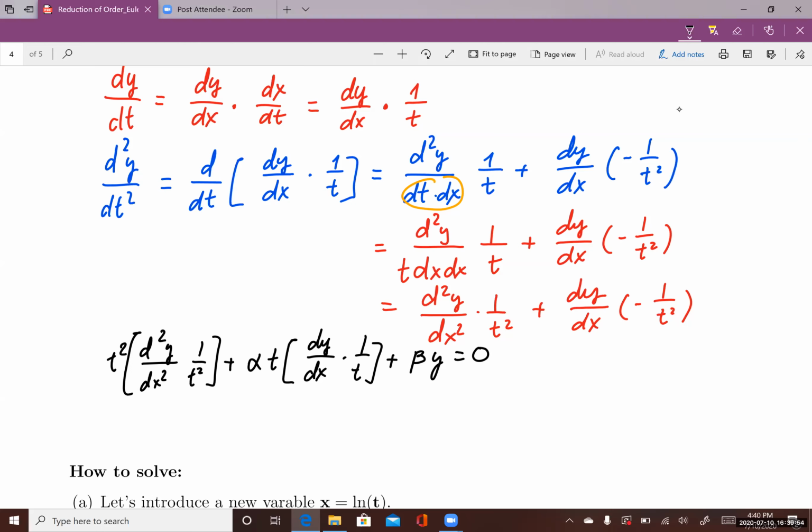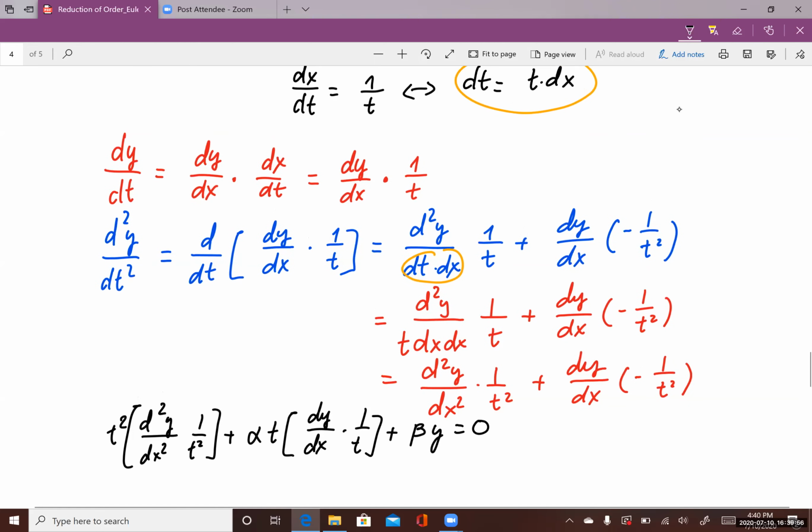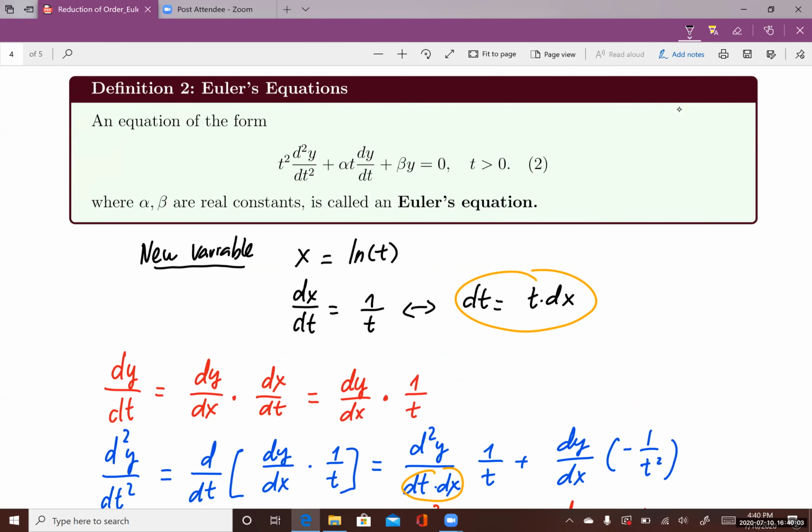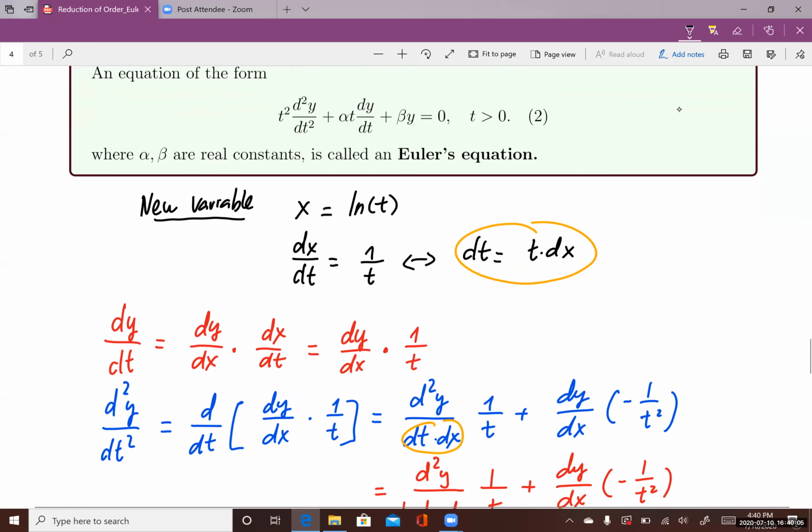So this is the original equation where I replaced dy dt in terms of dy dx and functions of t.